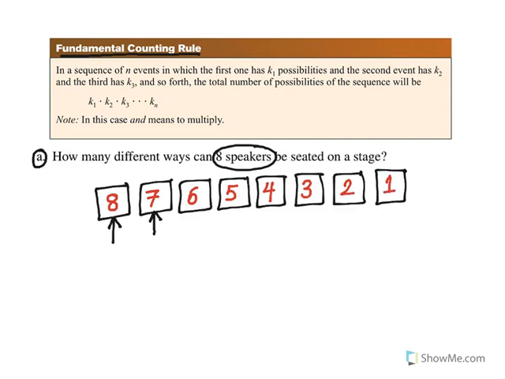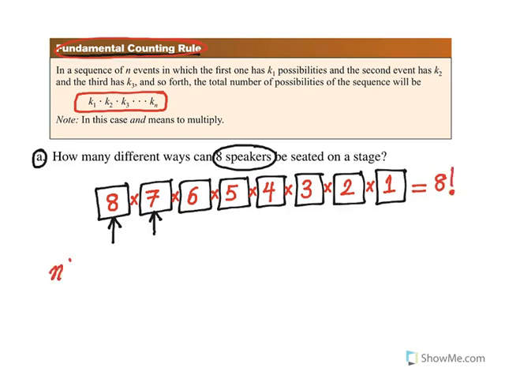And if you read the fundamental counting rule, it says that you multiply the possibilities for each one. So what we will do is multiply these numbers from 8 down to 1. And if you remember, this has a mathematical symbol. We call it 8 factorial.